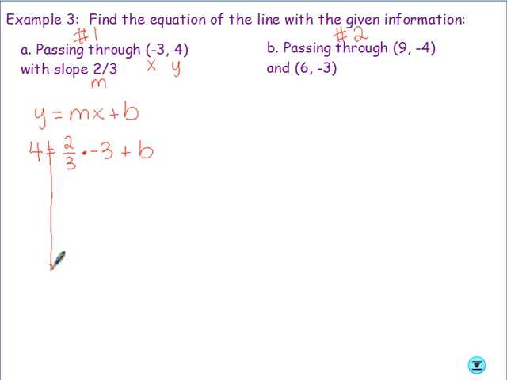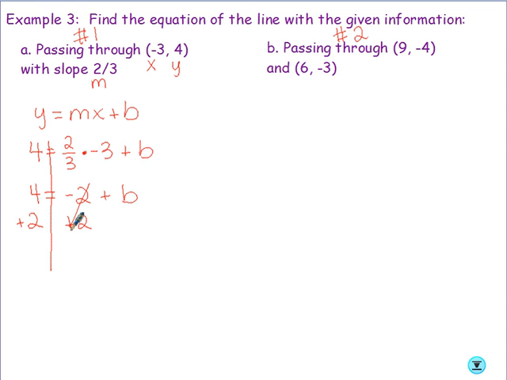Put up your line. First thing we need to do is multiplication. I keep the 4. In your calculator, 2 divided by 3 times negative 3 gives you a negative 2. Bring down the b. I need b by itself, so I'm going to add 2 because that's the opposite to both sides.